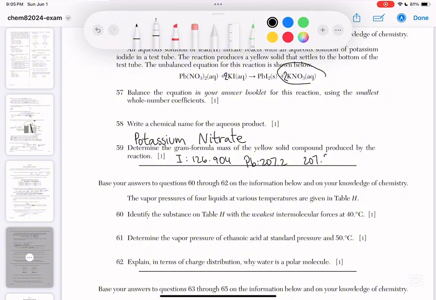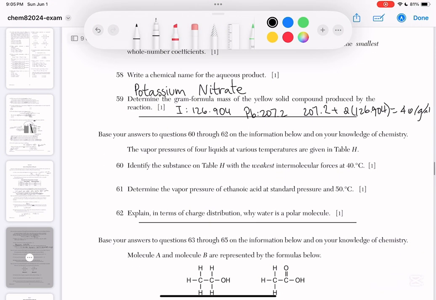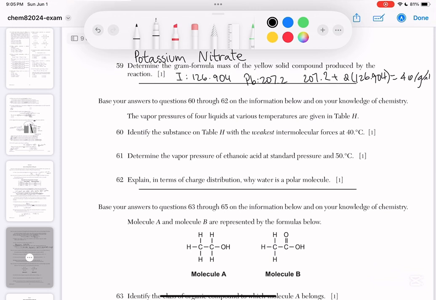So 207.2 plus 2 times 126.904 gives 461.008, which is basically 461 grams per mole.